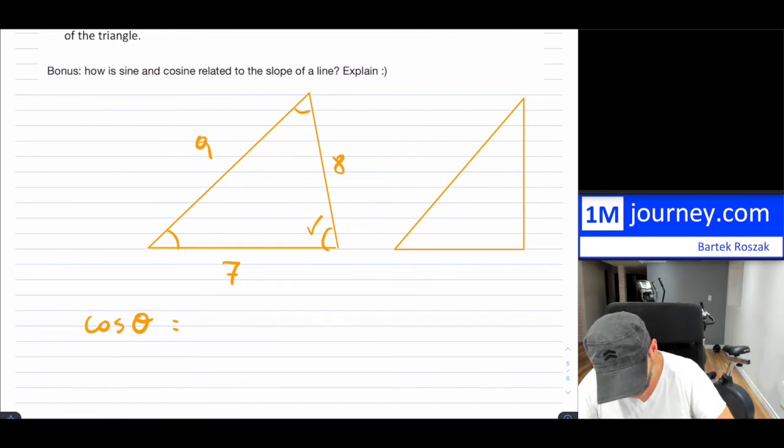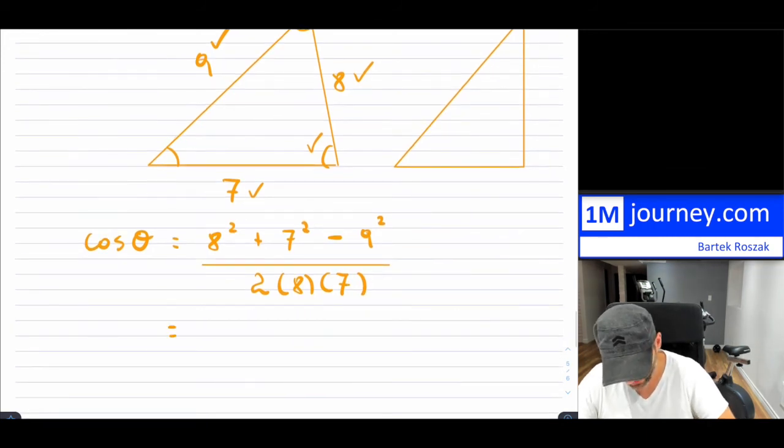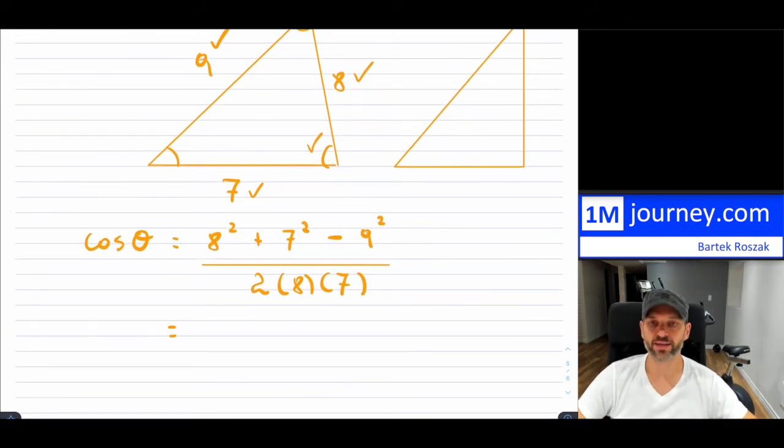The cosine of the angle is equal to 8 squared plus 7 squared, minus the side opposite, which is 9 squared, divided by 2 multiplied by the sides adjacent to the angle. If we find this, then we can take the inverse cosine and know what the angle is.